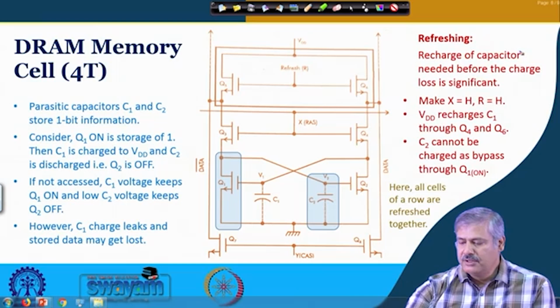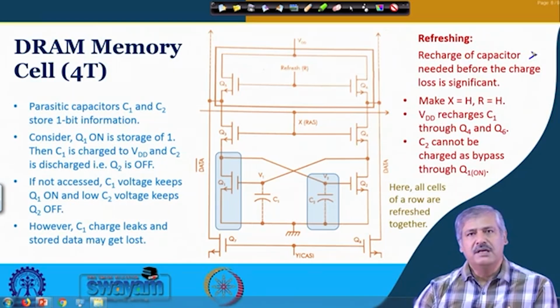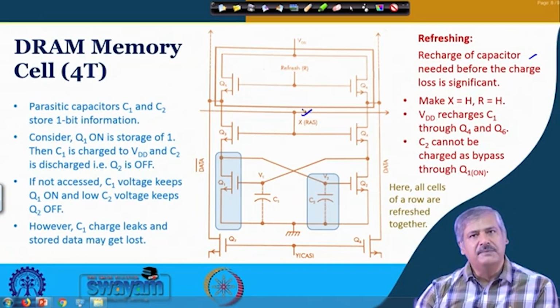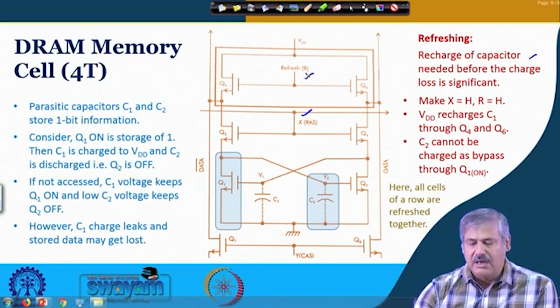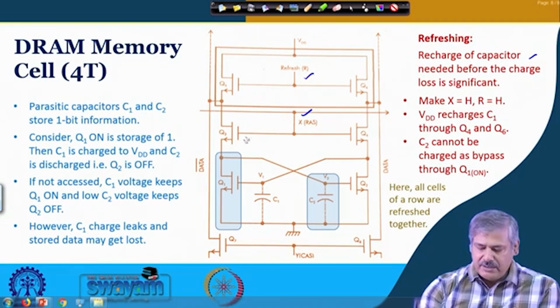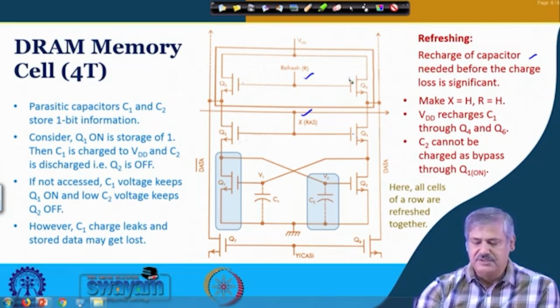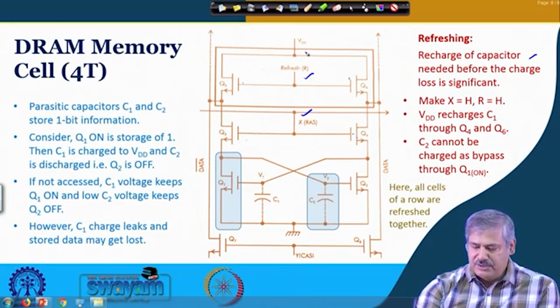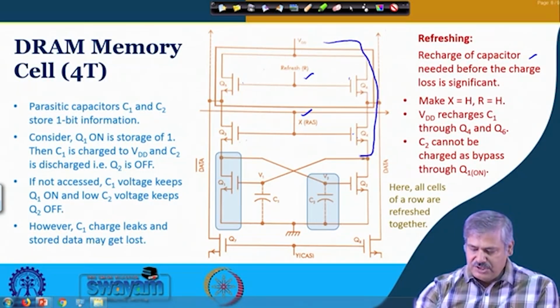We need to recharge the capacitor, for which we make this X high, and this refresh input R high. At that time, what is happening? This is high, this is high, this is high, so this is on, this is on, this is on, this is on. These transistors are providing a path to VDD. So what will happen? This VDD will get the path over here to charge C1.